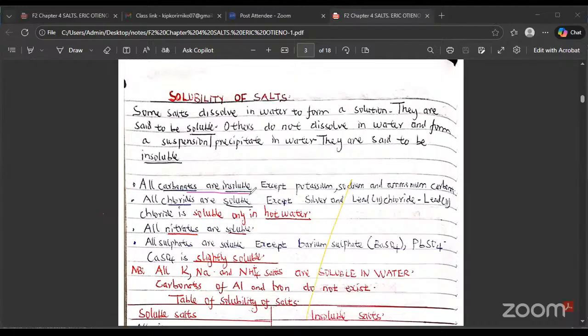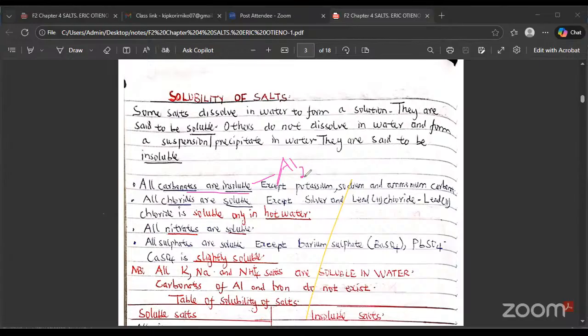Now, there is a problem. In these carbonates, we have the insoluble ones, and so all of them are insoluble. Sometimes they tell you to give examples of insoluble carbonates. Sometimes people write aluminium carbonate or iron carbonate, and those ones are very important. Let me just write here aluminium, please. Don't forget this one. You can forget everything else.